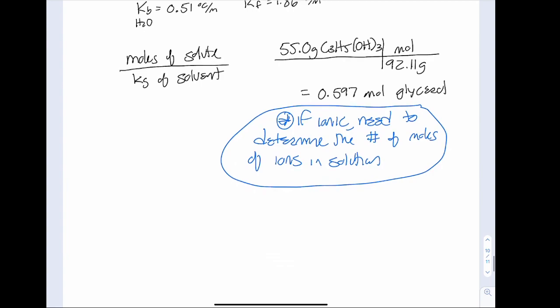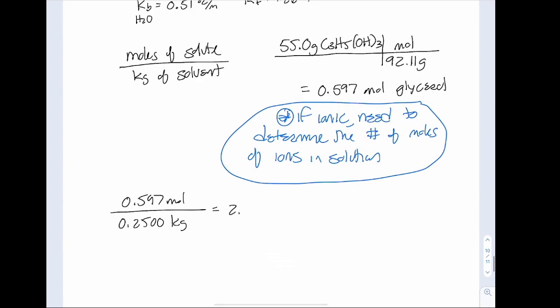So my molality, 0.597 moles divided by 0.2500 kilograms. And we'll divide that out. And I get 2.39 molar, or sorry, molal. I just did it. I told you guys to watch out for that. Lowercase m is molal.